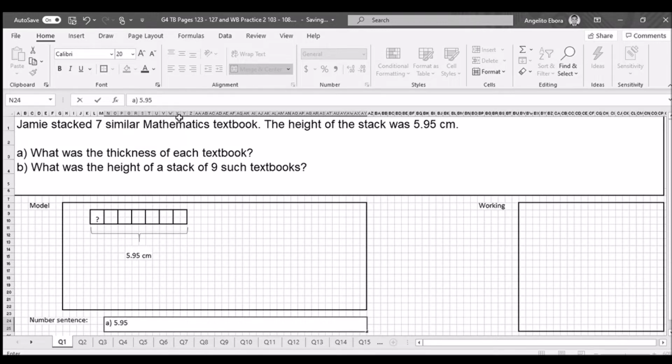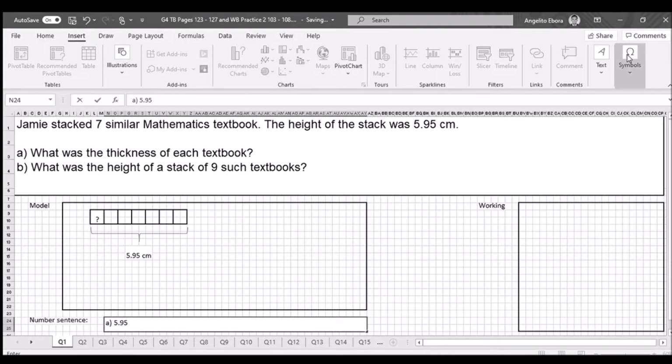So our first number sentence, the answer for letter A, would be 5.95, insert the division symbol. So we need to divide this by 7.